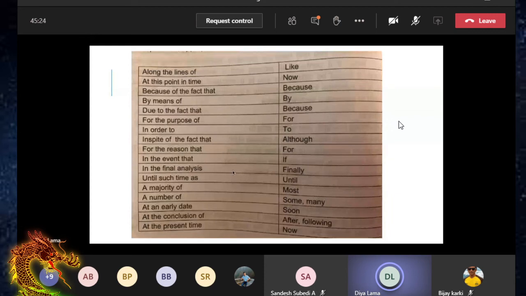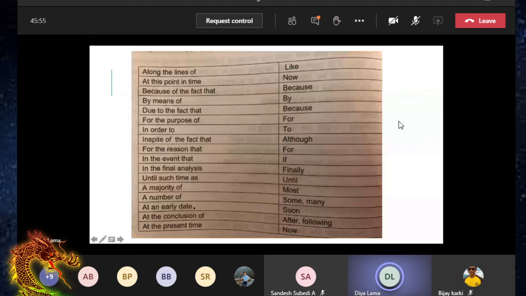Until such time as, just until, right? A majority of, instead most. A number of, instead some or many. At an early date, instead soon. At the conclusion of, instead after or following. At the present time, instead now.